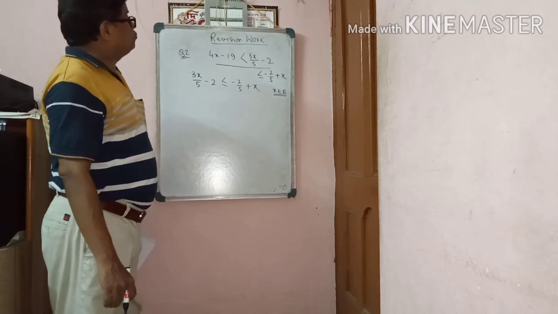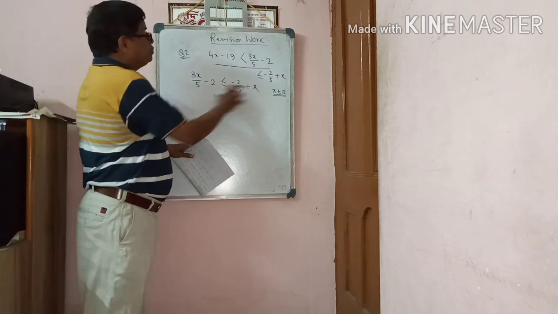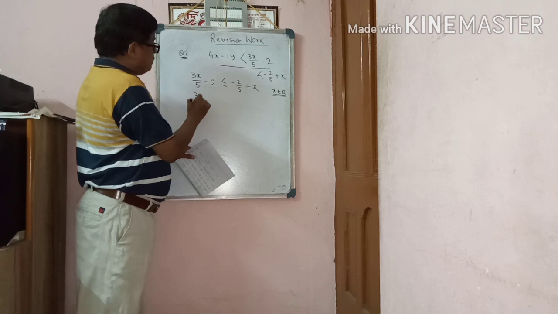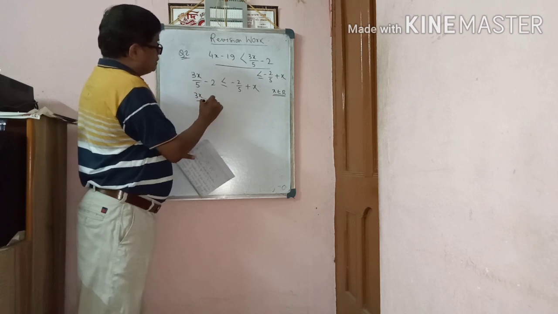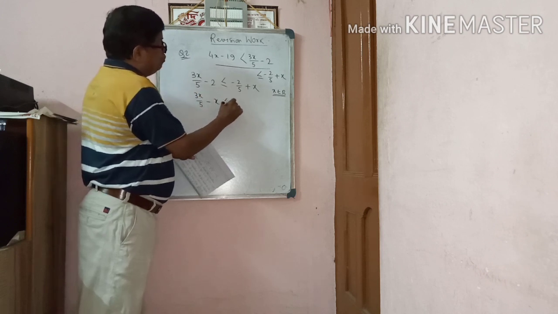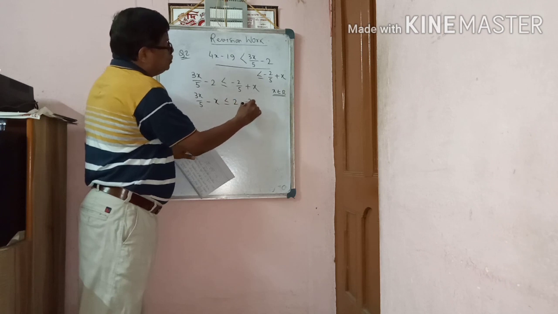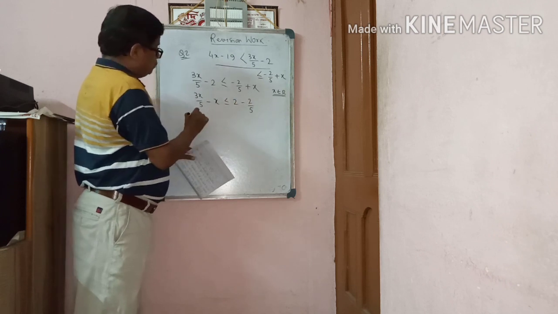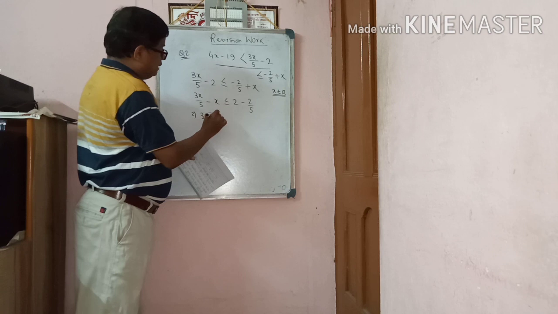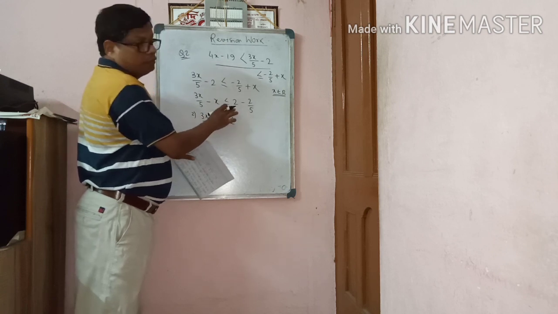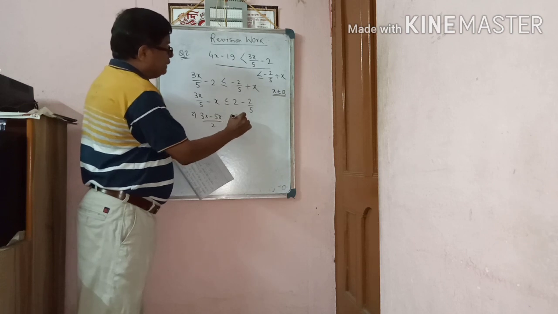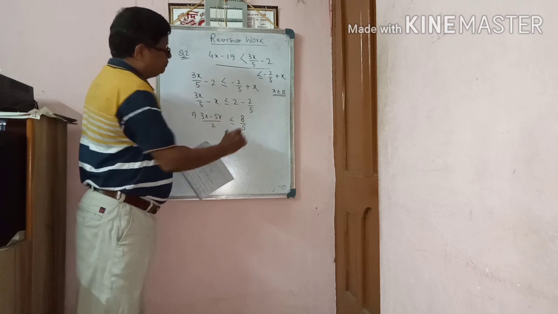You take x to one side, so write 3x by 5 minus x less than or equal to 2 minus 2 by 5. So write 3x minus 5x by 5 less than or equal to 10 minus 2, that is 8 by 5.